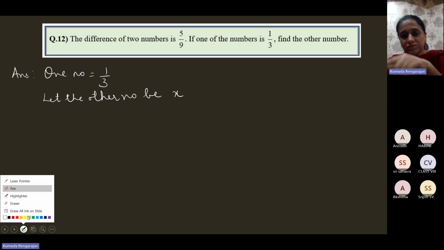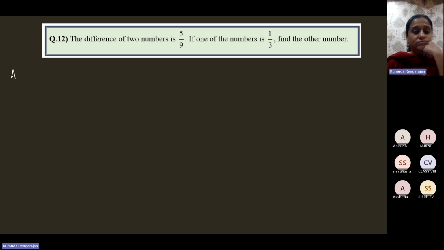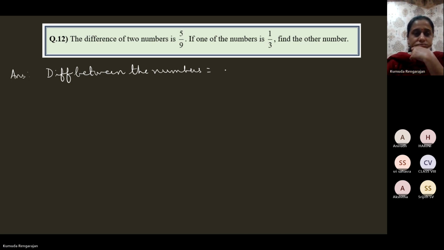Now, one of the numbers is given as 1 by 3, but it's not mentioned whether that is the smaller number or the larger number. You can answer this question in two ways. What is the difference between the numbers? 5 by 9.